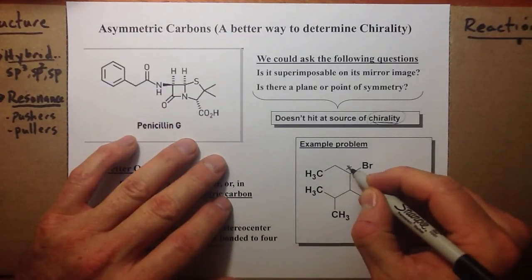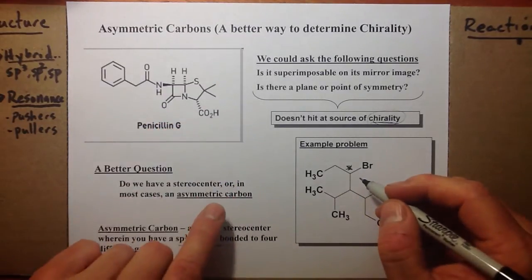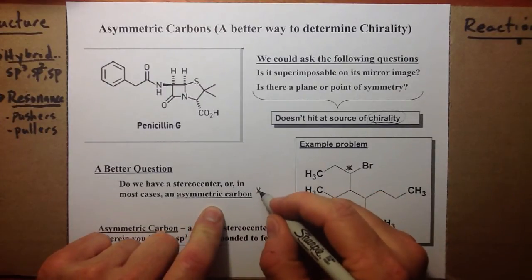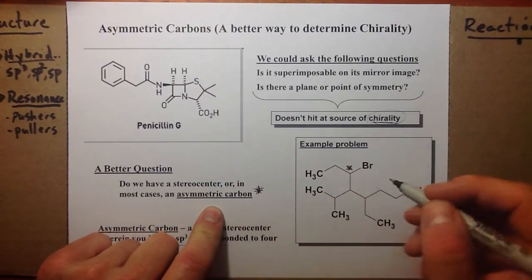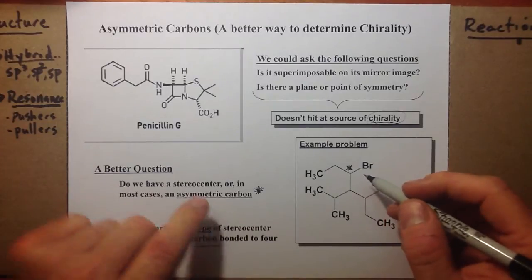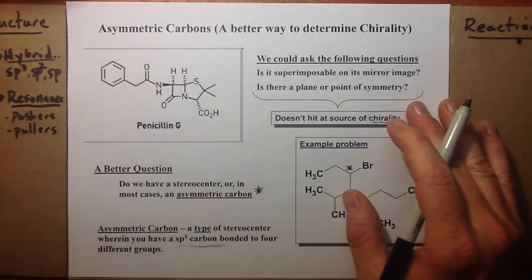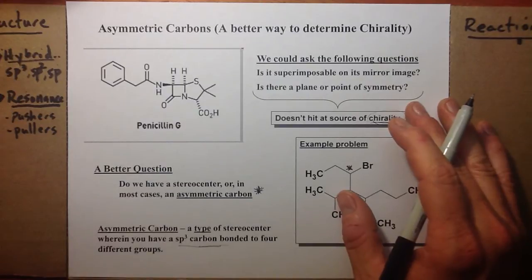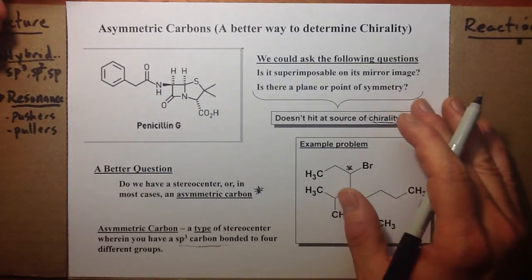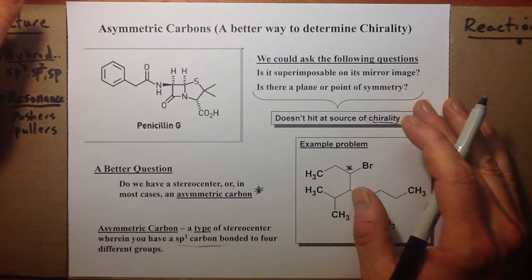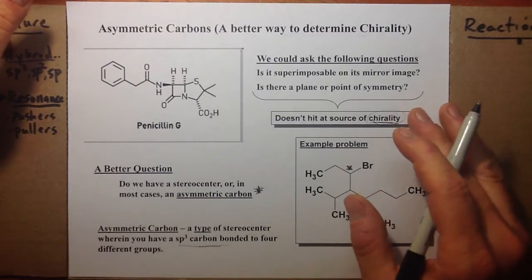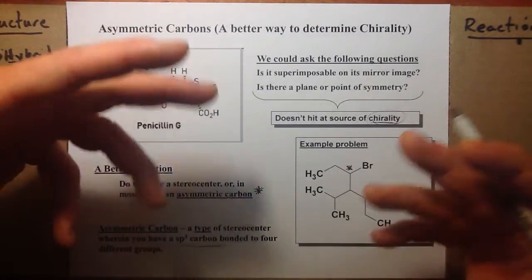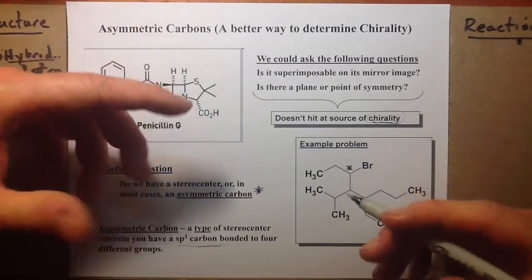So we could say this is an asymmetric carbon, and I'm just going to label those with asterisks. So we have 1. But that may not be the only source for chirality here. If we have at least 1, we have a chance for enantiomers. We usually do. If we have more, though, that can give us just more sources for chirality and for stereochemistry.